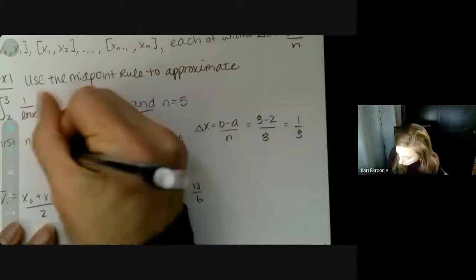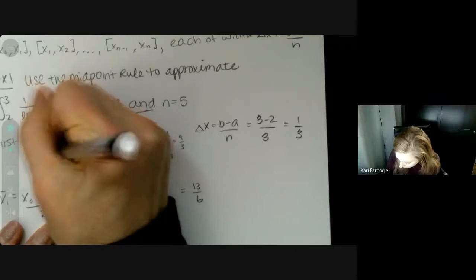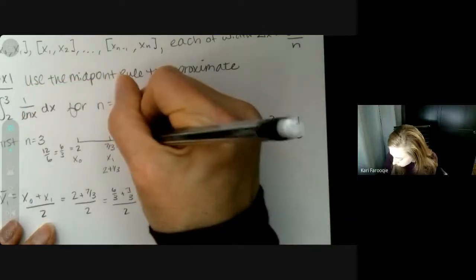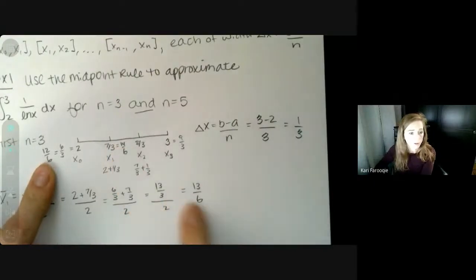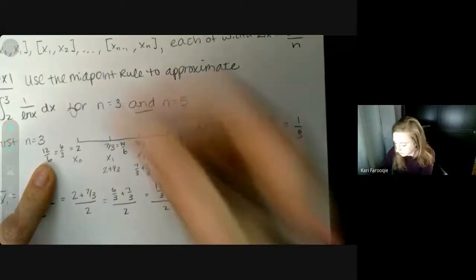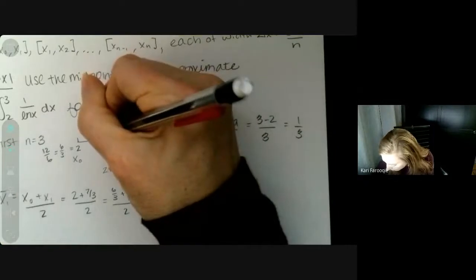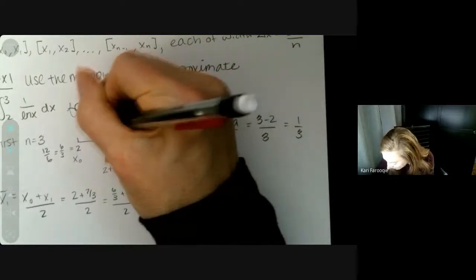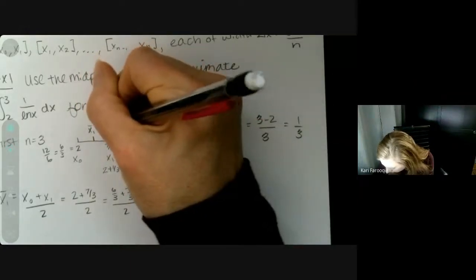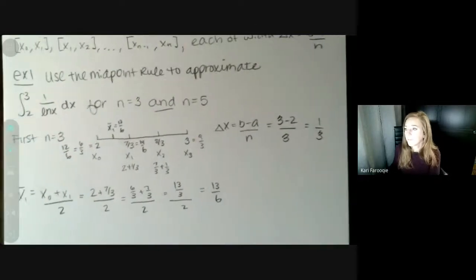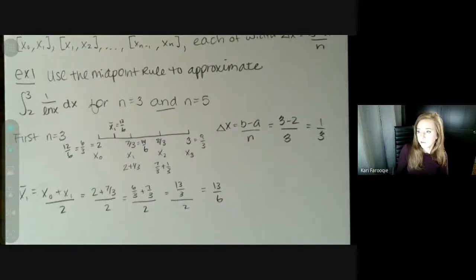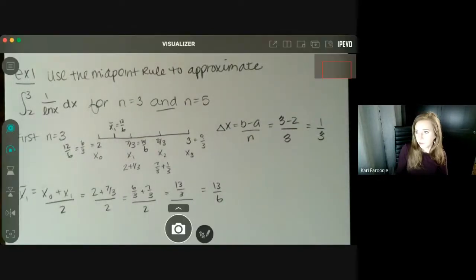I mean, 6/3 is 12/6. 7/3 is 14/6. So the difference between 12 and 14 is 13. And that's where you get this x sub 1 bar, which is going to be 13/6. I don't want to add too much here because the screen looks so crazy and there's already a lot going on. Okay, so that's sort of just the busy work that we're doing in between here.